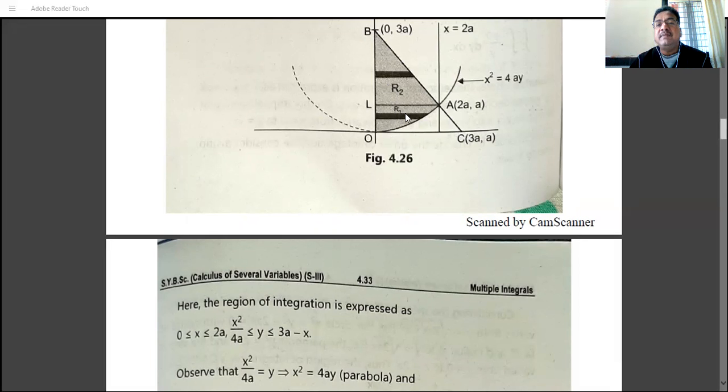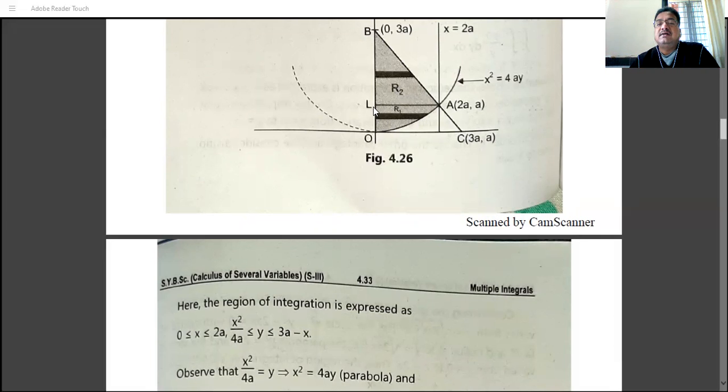And that's why we divide this total area of integration into two parts, two regions, R1 and R2. In the region R1, if you move this strip from this point to this point, both ends touch a unique curve.